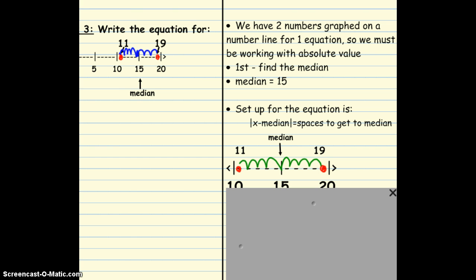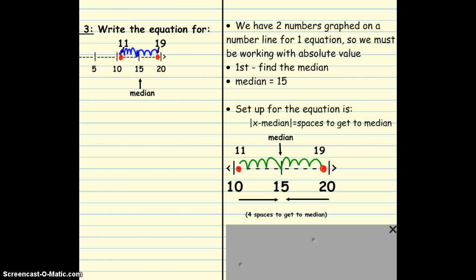So our median was 15. That's how many spaces we needed to move in. So to set up our equation, we're going to have the absolute value of x minus our median, which is 15, and that's going to equal 4, because that's how many spaces it takes to get to the median.